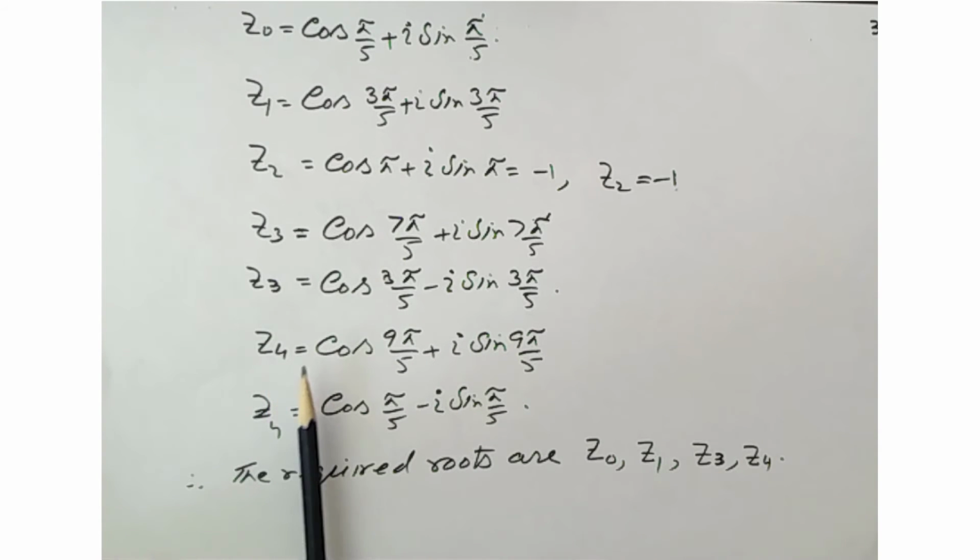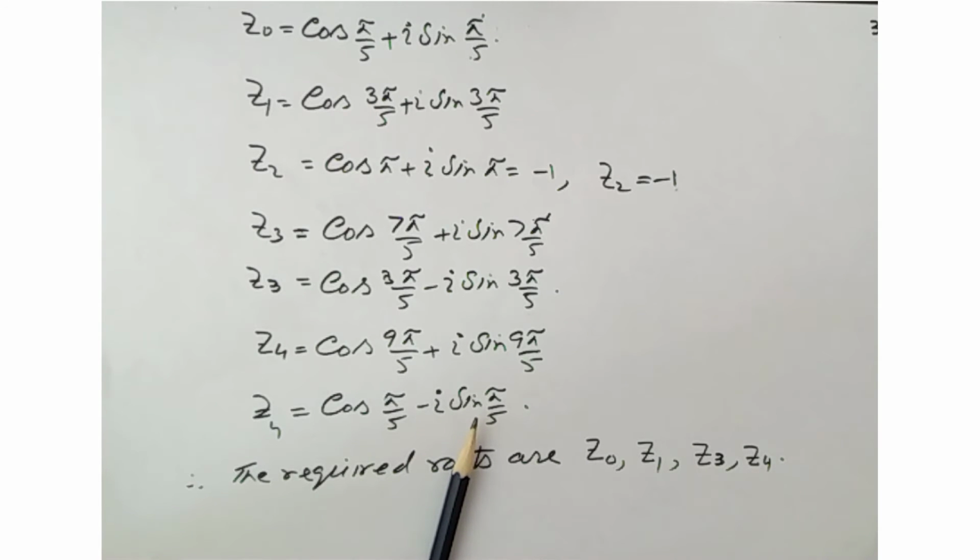Now for the fifth root, we put k equal to 4 in the general formula. This is equal to cos 9 pi by 5 plus iota sin 9 pi by 5. Again this is greater than pi, so we subtract 2 pi from this. That is, 9 pi by 5 minus 2 pi gives minus pi by 5, and this is cos pi by 5 minus iota sin pi by 5.